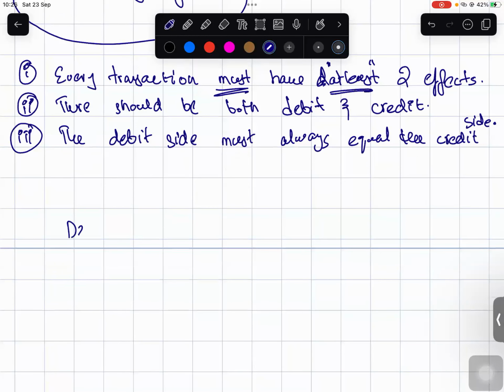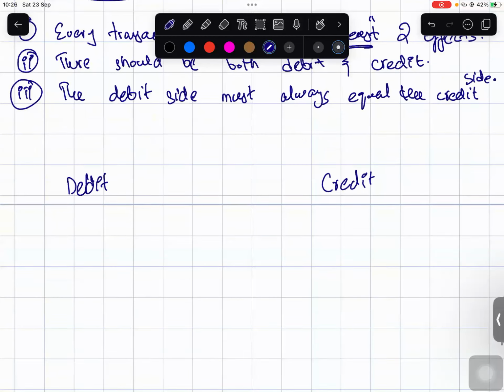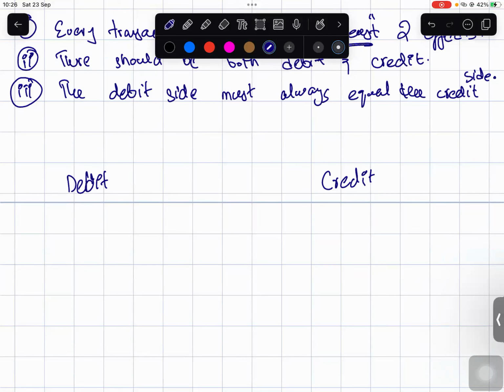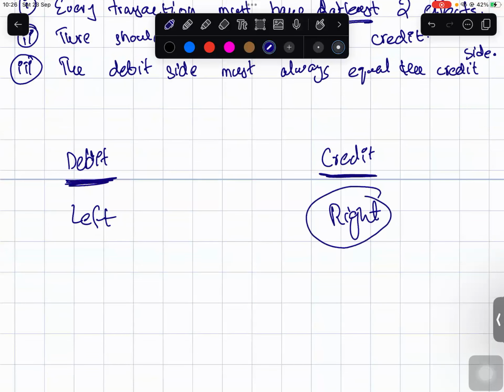Now these words, debit and credit. Often students get a lot of confusion in this, but that confusion doesn't make any sense. I don't know if we went through this in the last class, but debit is just left and credit is just right. You can think of it like this, that is how you direct people towards a certain direction in the English language.